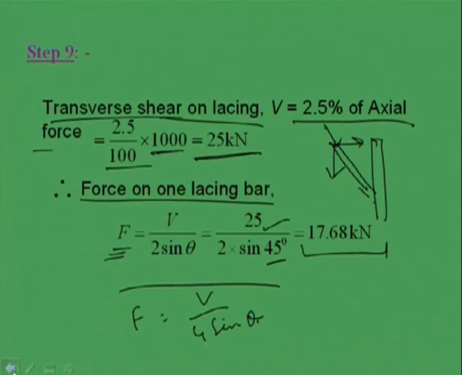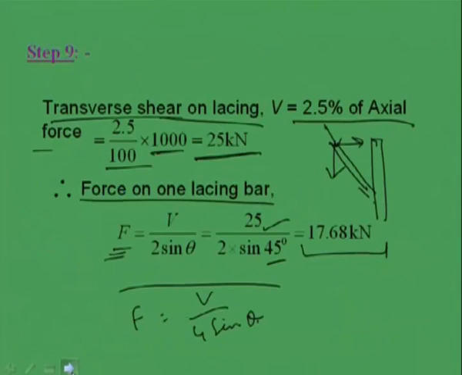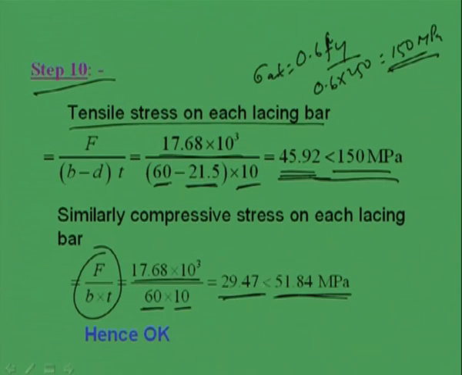Permissible compressive stress we found from the table as 51.84. The developed compressive stress is coming 29.47 and allowable is 51.84. So, it is okay. So, the assumed dimension is perfectly okay from all points of view.